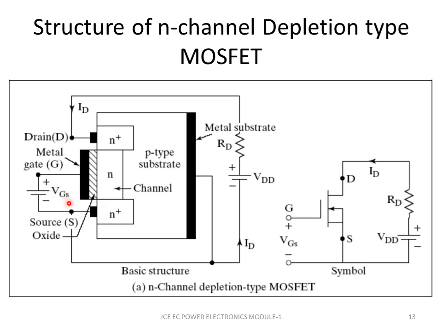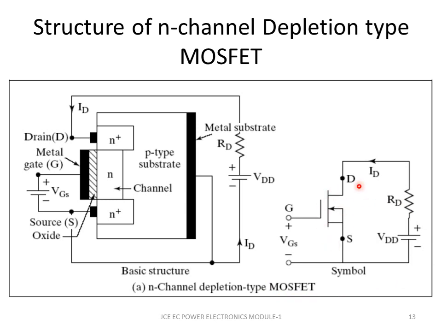Suppose I give VGS as positive, then the electrons from the P substrate will also be attracted here, so there will be more carriers of electrons and ID current will automatically increase. So this is how your depletion type MOSFET works.